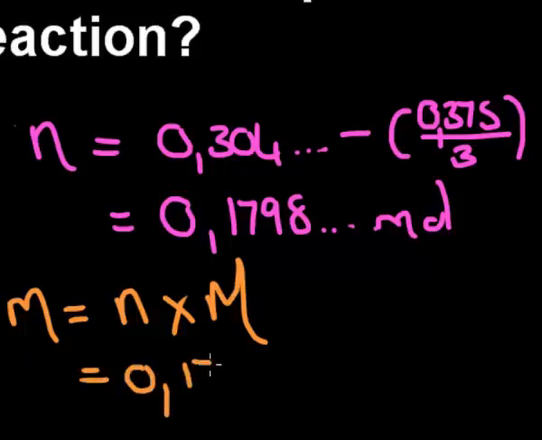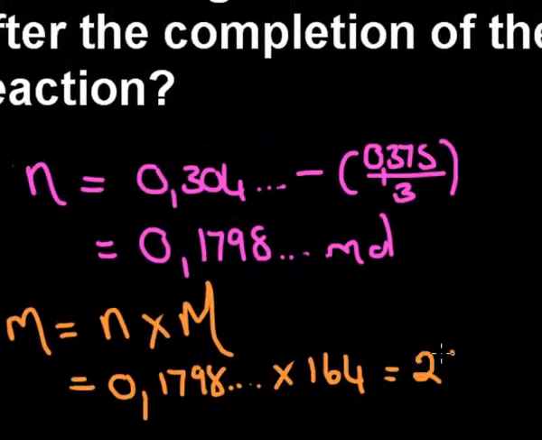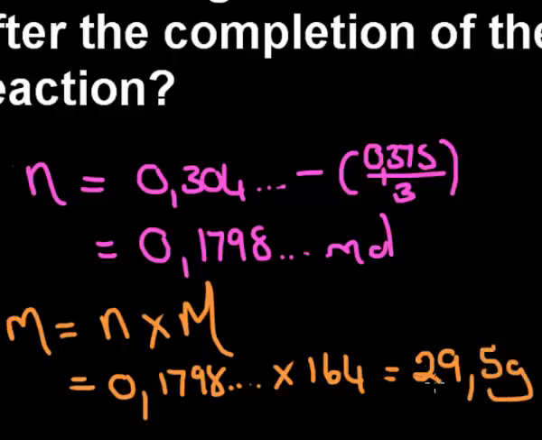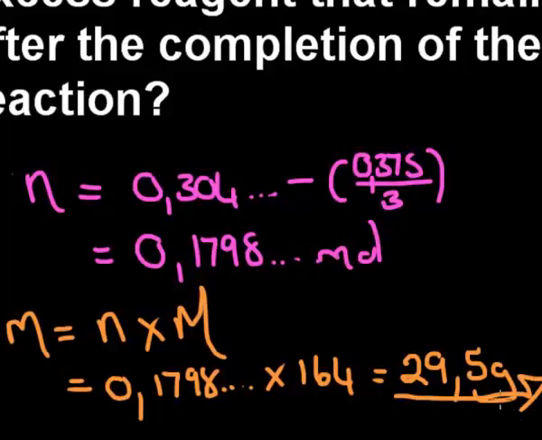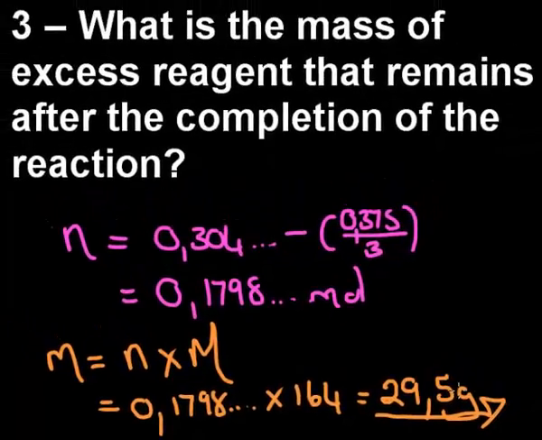So we're going to use this new calculated mole value, multiply by the molar mass, and round it off to 2 decimal places, which ends up giving us 29.5 grams. That's if you use all your unrounded values during your calculation. So that is the remaining mass of your reagent that was in excess.